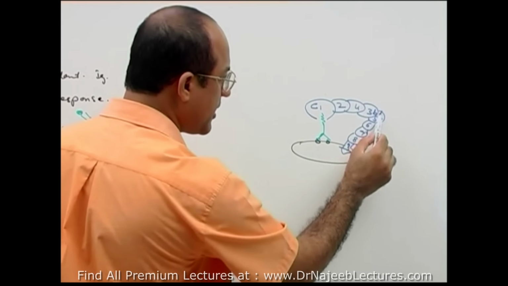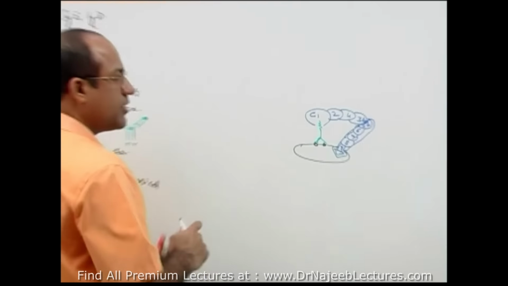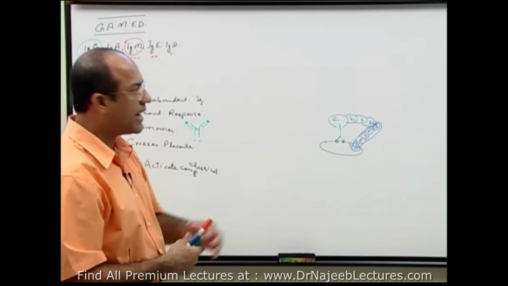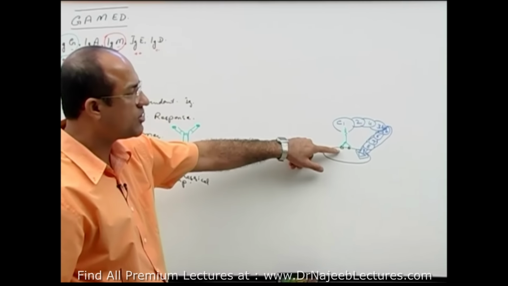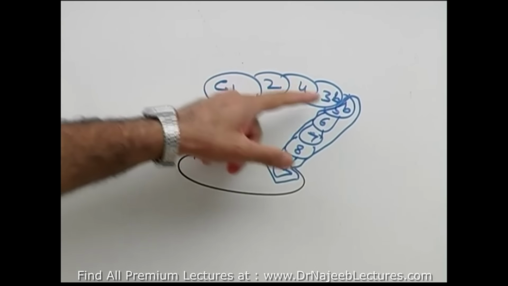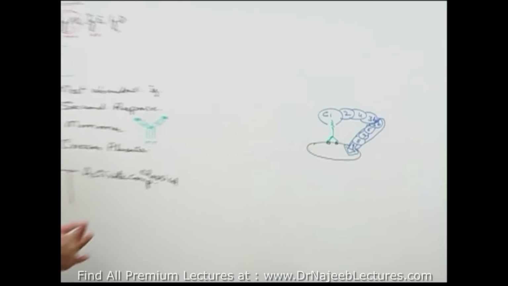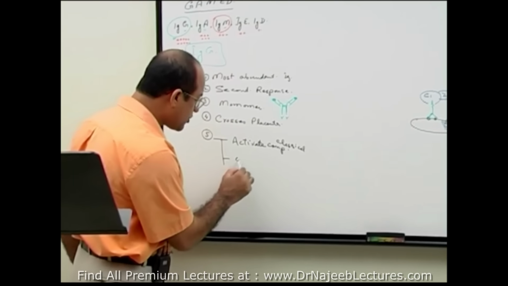This is the membrane attack complex. So once IgG binds with the antigens, its Fc portion is activated, which can activate the complement by the classical pathway and kill the microbe. This is one way. Secondly, IgG can act as an opsonin.